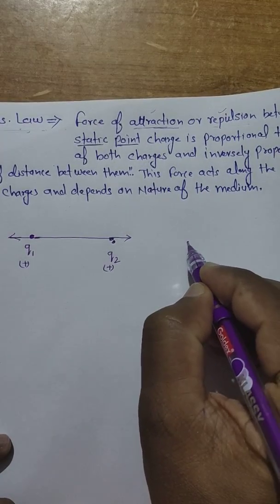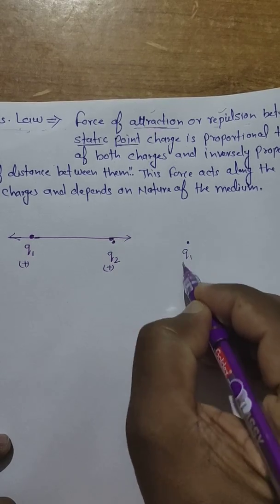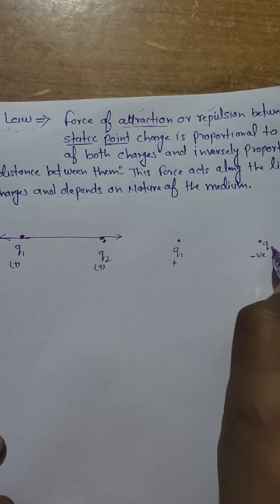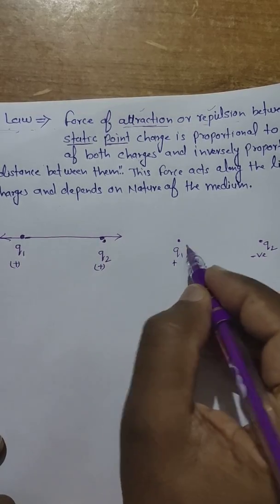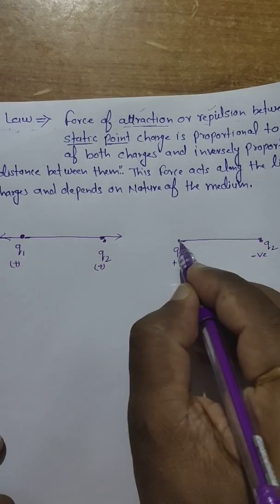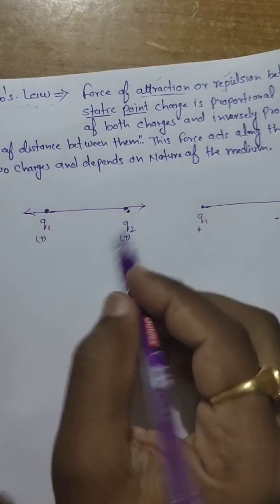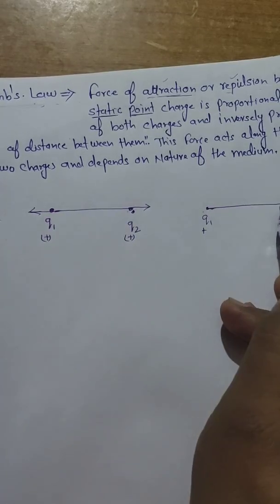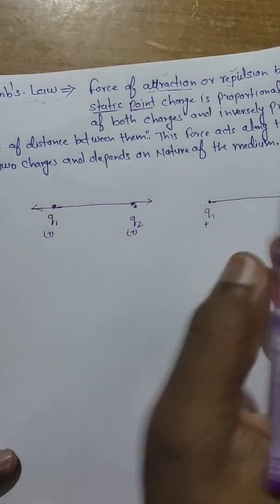And suppose one charge is positive and another charge is negative. Suppose the magnitude of this charge is Q2 and this charge is Q1, and the force acting between them is attractive. So we can say like charges repel each other and unlike charges attract each other.